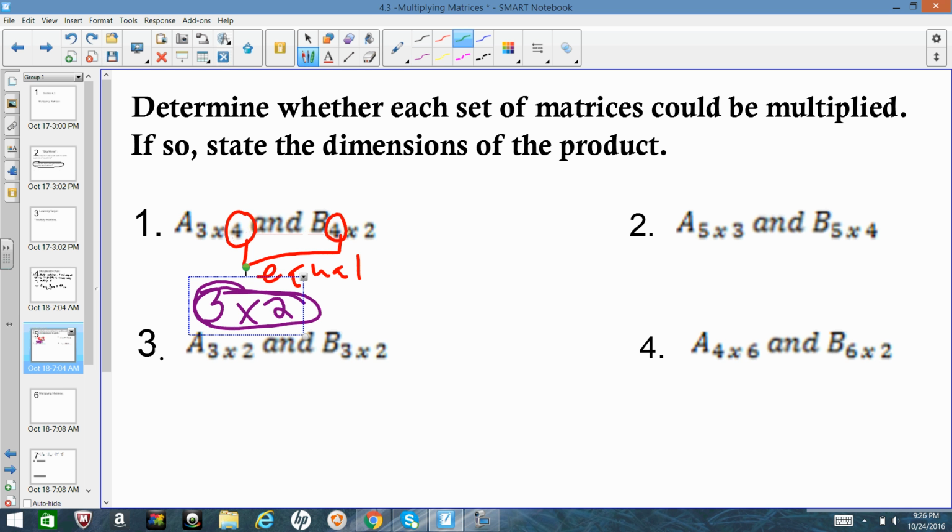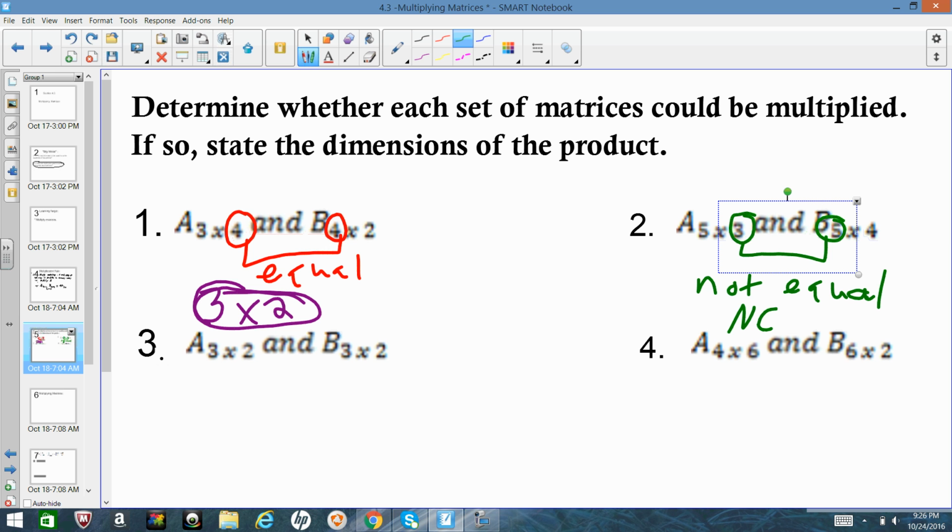Let's look at here. We have 3 and we have 5. So these are not equal. And because they are not equal, no, we cannot multiply them. This one would be yes. We get a 3 by 2.